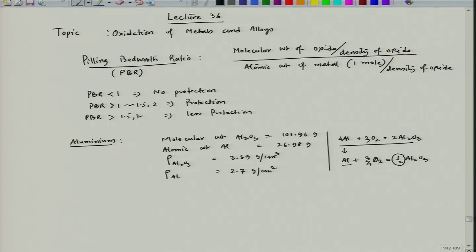Interestingly, these terms indicate the volume of 1 mole of metal, and this is the volume of oxide generated from the oxidation of 1 mole of metal.